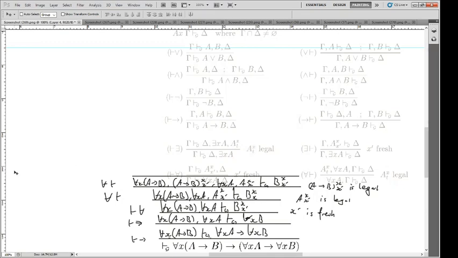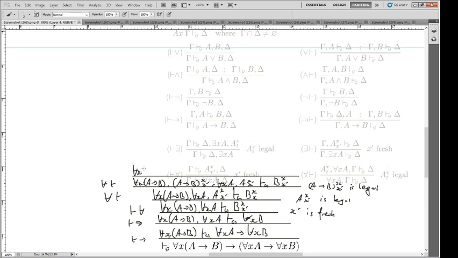So what I'm saying is that A implies B with x substituted for x prime is the same as A x prime implies B x prime. So these are the same. I'll just write that. So I'm going to rewrite this part.